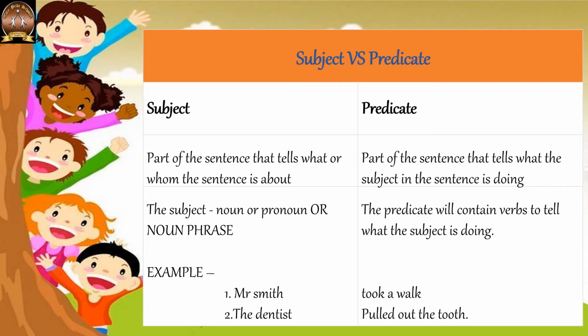It tells us more about the subject. The predicate will always contain a verb to tell what the subject is doing, and the predicate starts with the verb. For example, Mr. Smith took a walk, where Mr. Smith is the subject and took a walk is the predicate. The dentist pulled out the tooth. The dentist is the subject, and pulled out the tooth is the predicate.